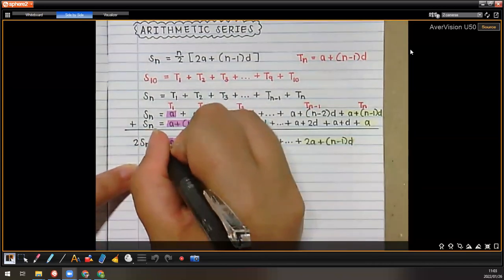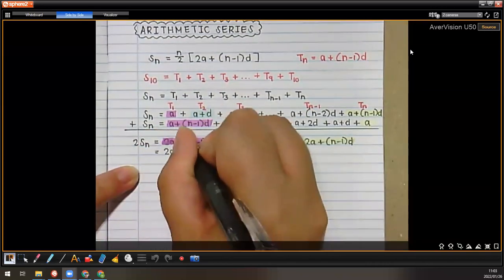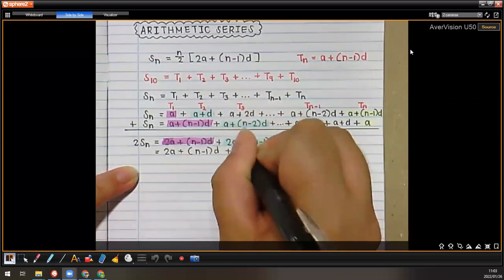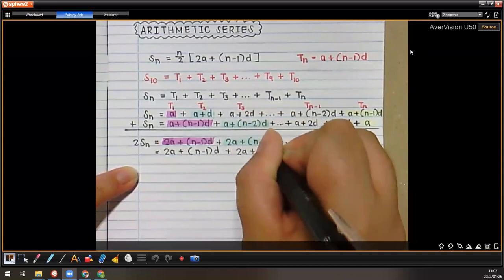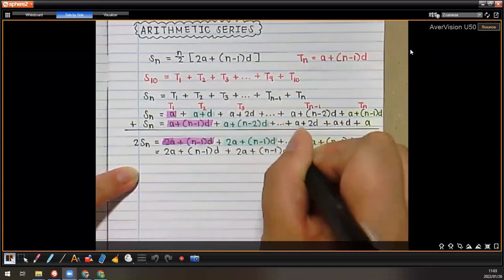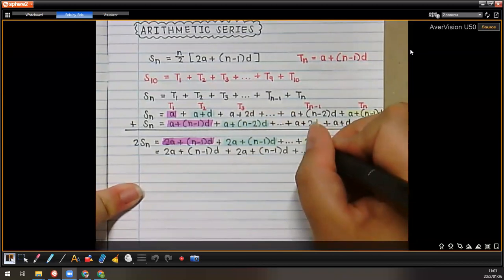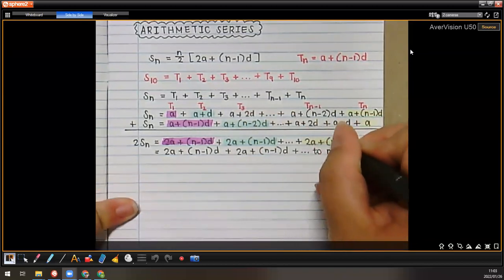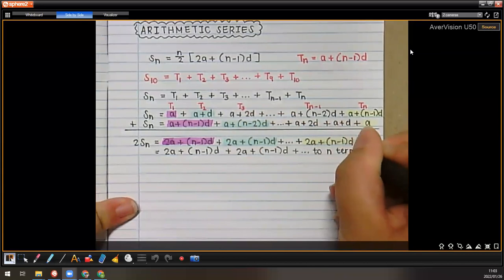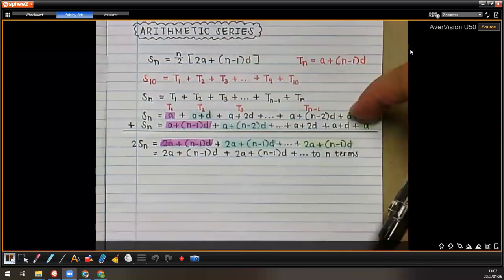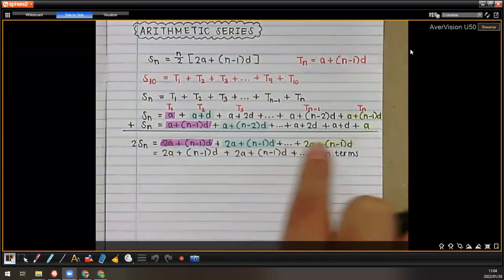So we can write just the first two again, just to show that it is repeating. Dot, dot, dot. And then instead of writing this for the last term, I'm just going to say 2 n terms. Right, if I'm adding n values to n values, I'm going to get n answers.